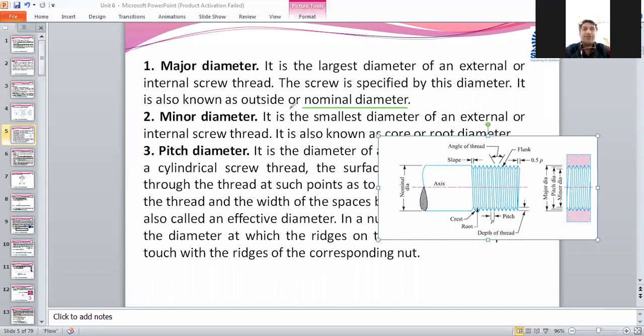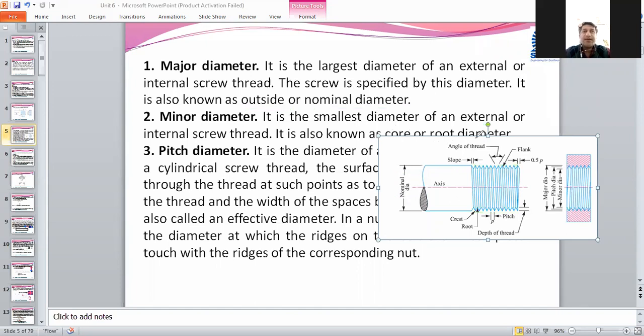It is just the outside diameter of the thread, not of the remaining part on which the threads are not produced. Here, normal means related to the threaded part only. So don't get confused between this normal diameter and the normal diameter written here. This has been written only for the part of thread. So that has to be understood.